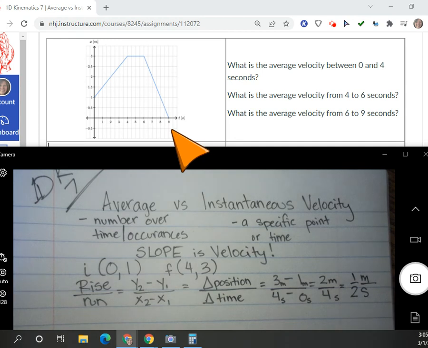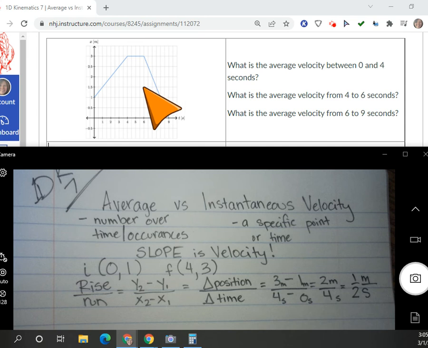So let's go to the next question. What is the average velocity from 4 to 6 seconds? Well, this is a straight line. Anytime we have a horizontal line, we know that that's going to be 0 meters per second.